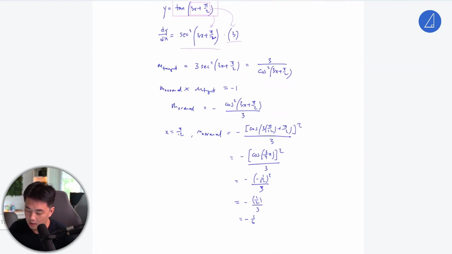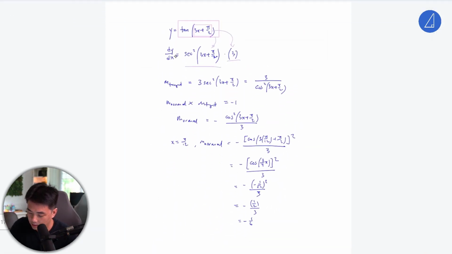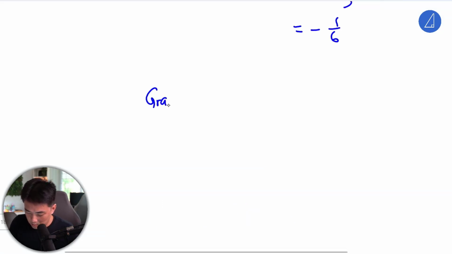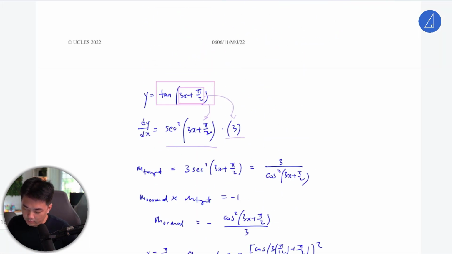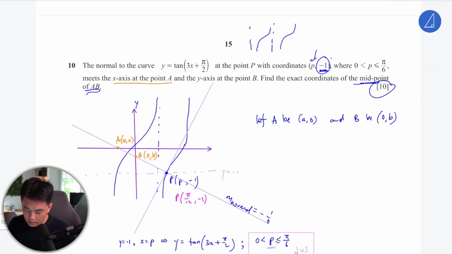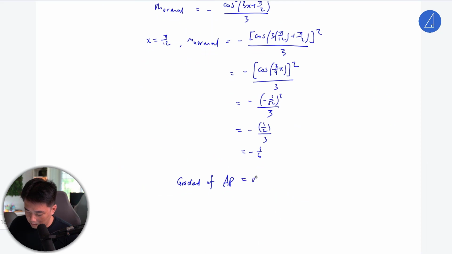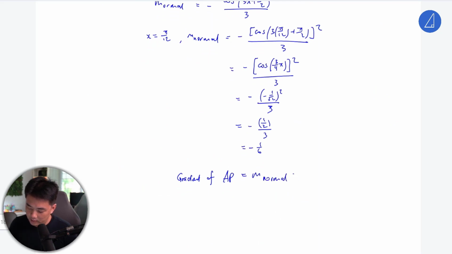So gradient of AP is equal to m normal, which is negative 1 over 6, right?